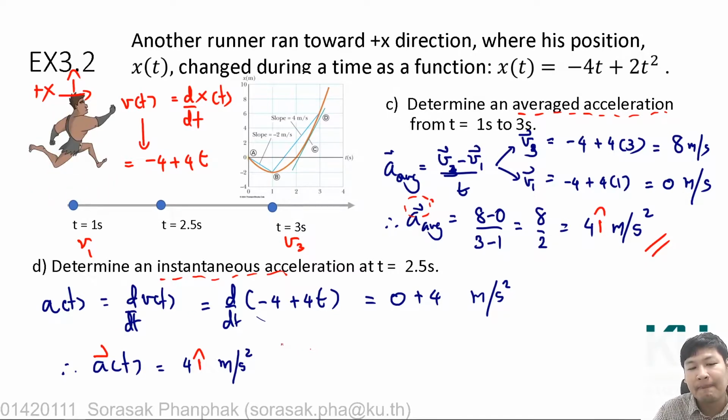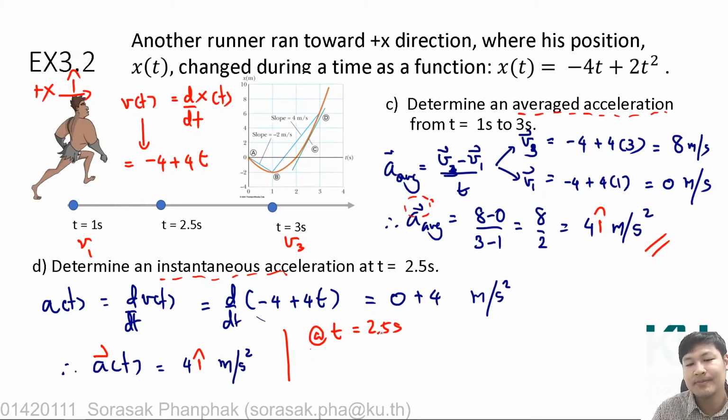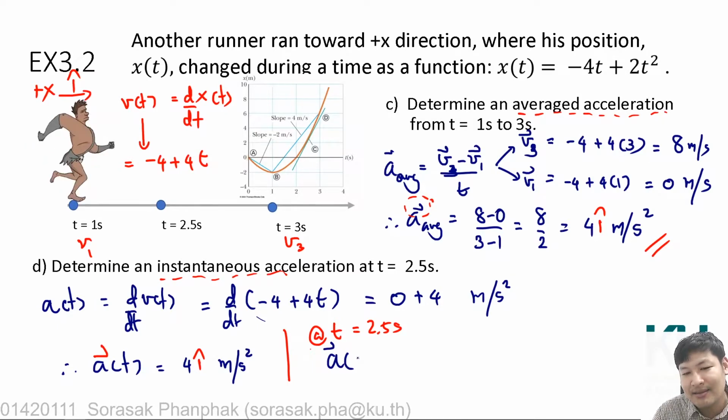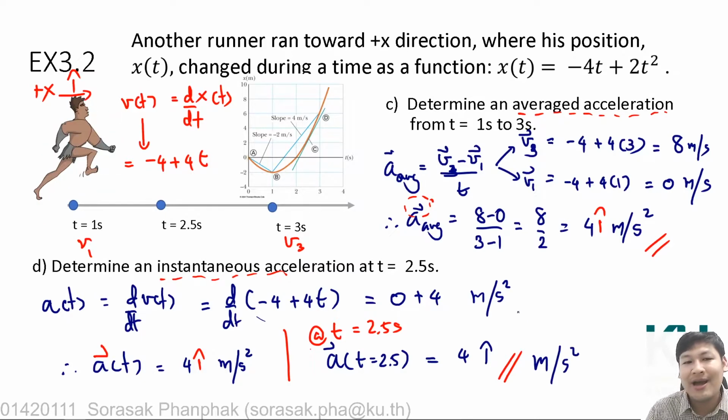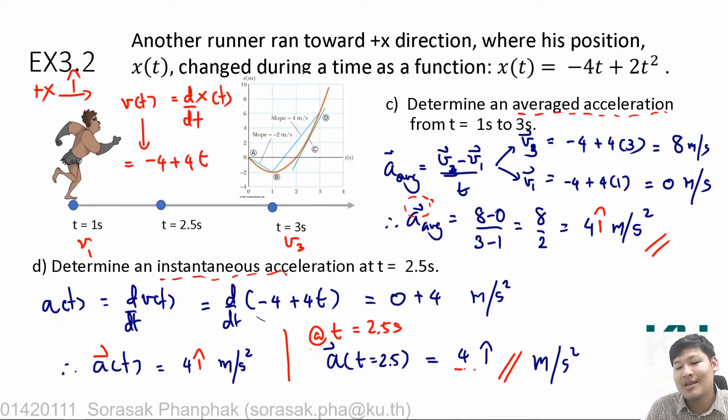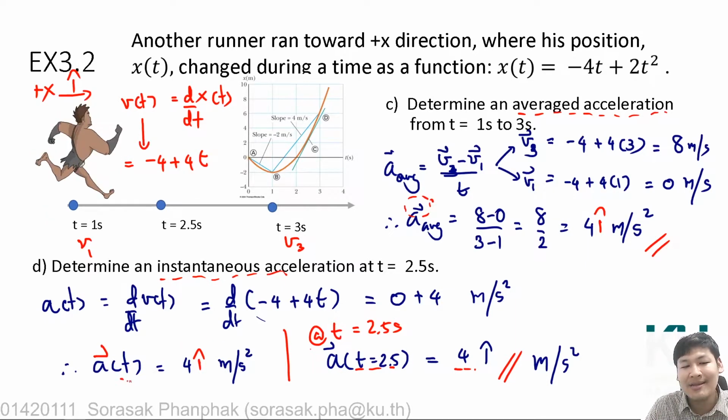How about at t equal to 2.5 seconds? Because there is no t here, a at t equal to 2.5 also equals 4. So in this motion, the runner is moving with constant acceleration. At any time point, the acceleration equals plus 4 in the forward direction.